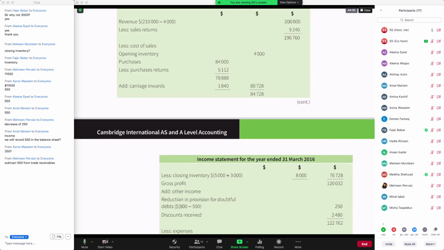Okay, Fajr has also completed the net profit. Let's wait for a couple more to finish there, then I'll show you.